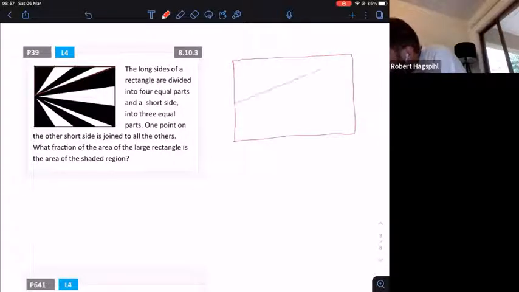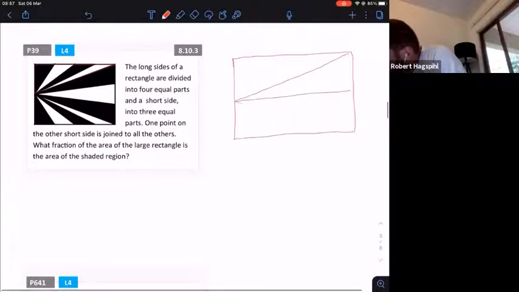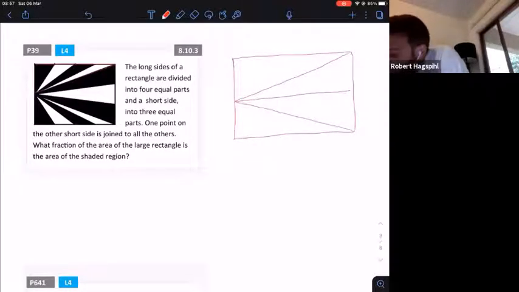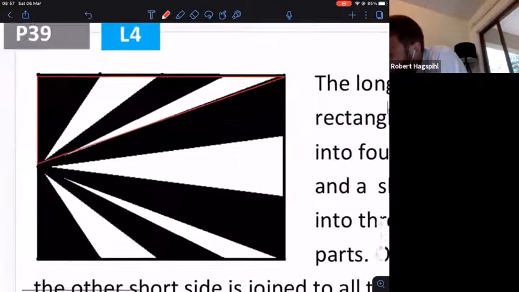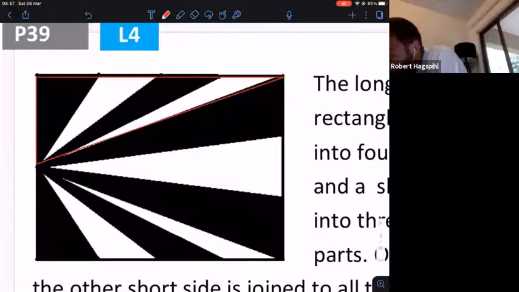So if I cut it like this, do you see that these areas are equal and these areas are equal? And so therefore, if I look at this red triangle, it's a quarter of my whole rectangle.